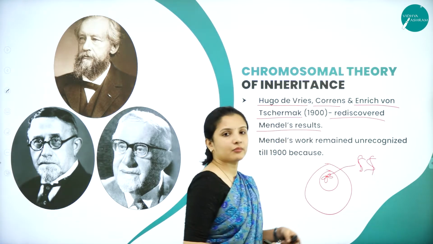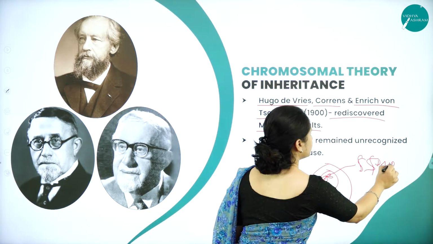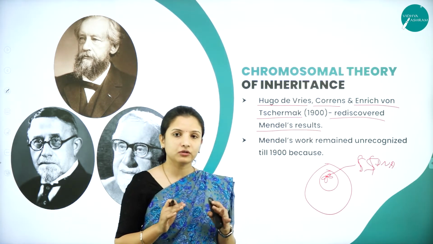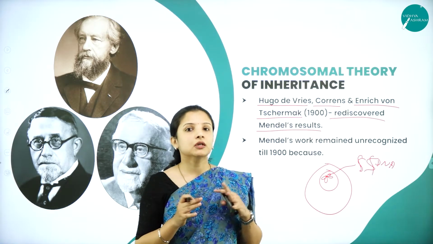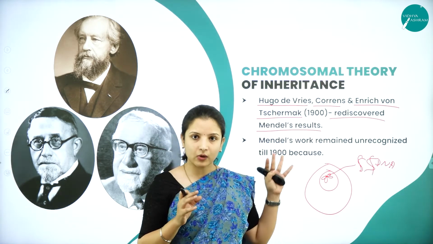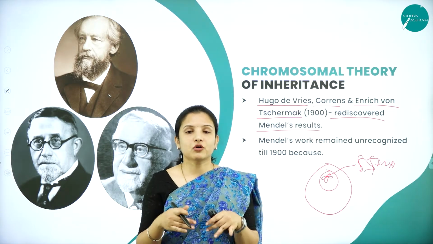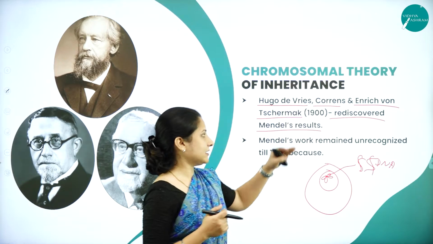That is when they started observing the characters and found out that whatever Mendel said was correct. So that is why it is very important. These three scientists are the ones who reintroduced Mendel's work to the world in the year 1900.